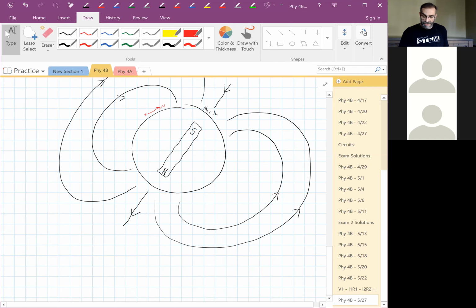How can you tell it's a South Pole? It's a good question. There are some things you can do, we will learn right now, where you can look at forces on particles and you would know what direction the magnetic field line points. So you would know that the magnetic field line originates on north poles and terminates on south poles.